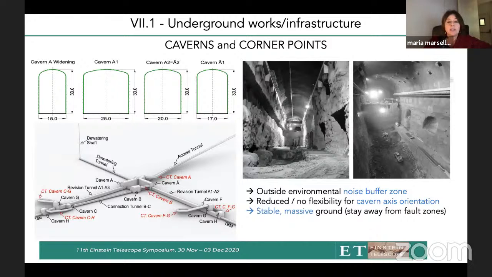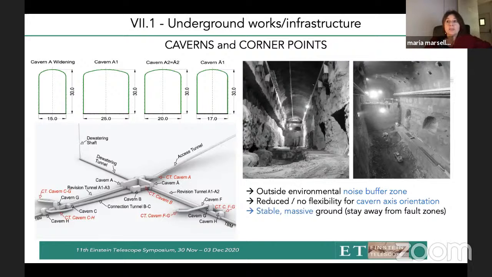For example, the excavation of some large caverns could be made by starting from the top and going down, in order to reduce the risk for people working in the gallery. Then you have to decide in which orientation the tunnel should be excavated, considering the condition and the characterization of the rocks.